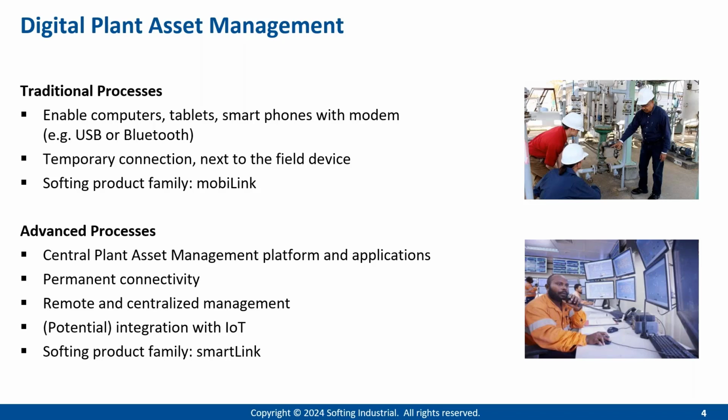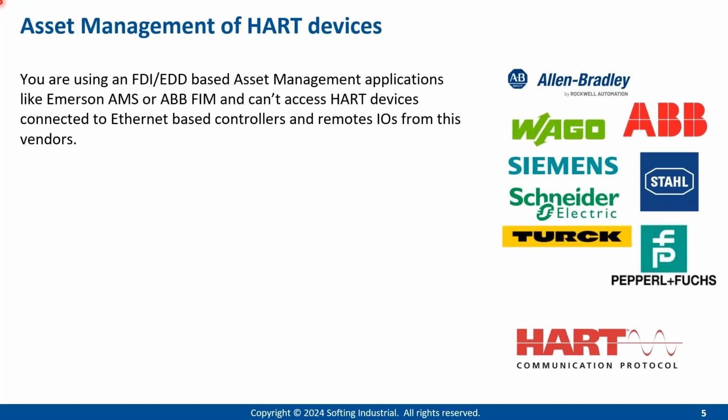Okay, when you are introducing a central asset management platform, you may run into several problems. The first is that you have an FDI or EDD-based asset management application, like the ones from ABB or Emerson AMS Device Manager, and you have HART devices connected to controllers or remote IOs of the companies you see here on the right side, and you cannot access them via these applications.